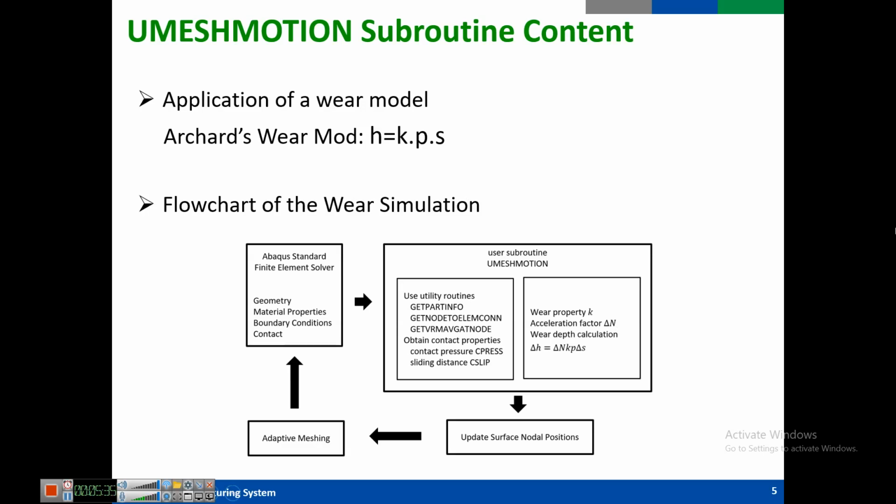And then consider the Archard model and calculate the wear depth: delta h equals delta N times k times p times delta s. Delta N is jump cycle, k wear coefficient, p CPRESS, and delta s sliding distance. After that, you update surface nodal position and also define adaptive mesh in your CAE and repeat this process.